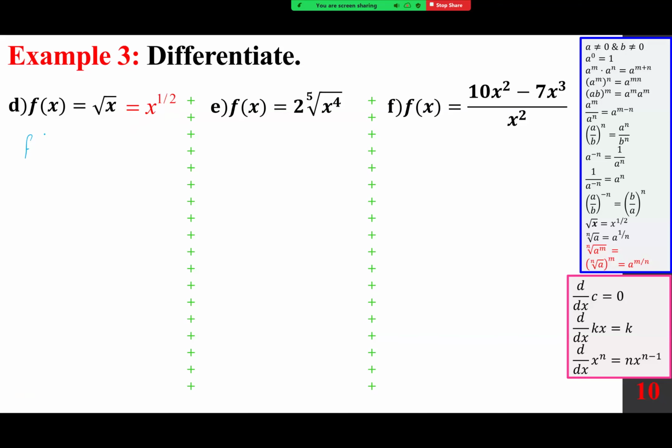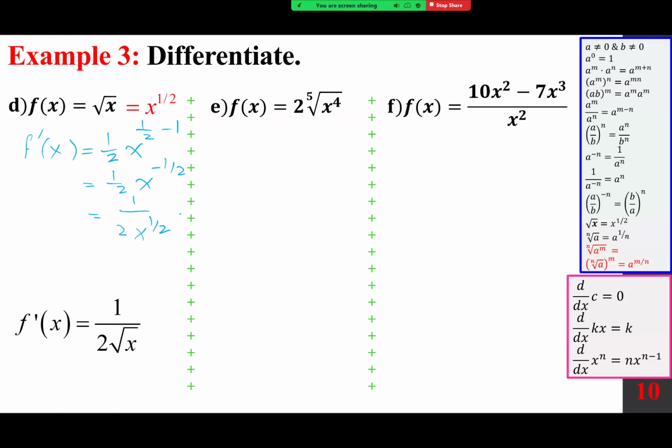And we say f prime of x is 1/2 x to the power of 1/2 minus 1, 1/2 x to the power of negative 1/2, 1 over 2 x to the power of positive 1/2, which is 1 over 2 square root of x. Notice, again, this was the only calculus step. I can't emphasize this enough.